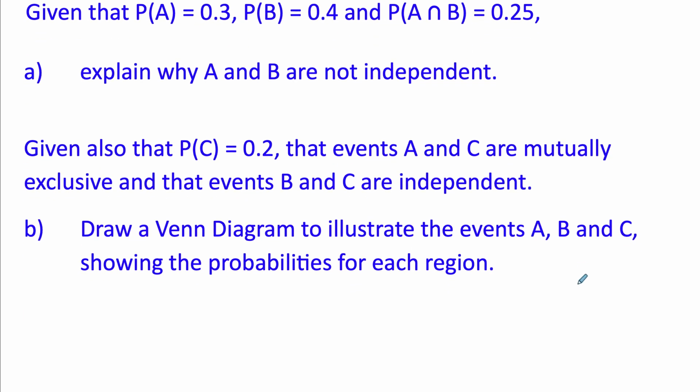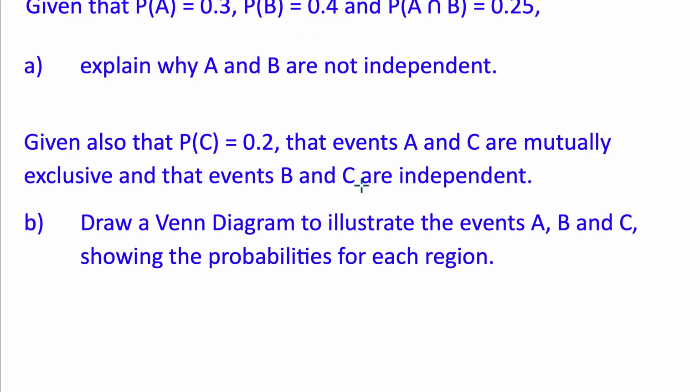It then says, given also that probability of C is equal to 0.2 and A and C are mutually exclusive and B and C are independent, draw a Venn diagram. Okay, so we've got to take all of that information and put it into a Venn diagram. Now there are 3 events.